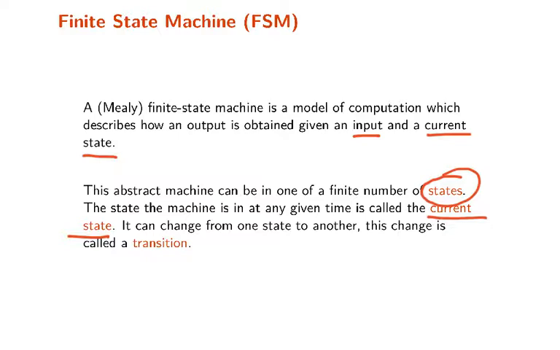So the outputs will be going up or going down. And the inputs will be the buttons that we can press, right? So think, for instance, if you press the button for the third floor. Where is the machine going to go, up or down? Think for a moment. Well, we don't know, right?